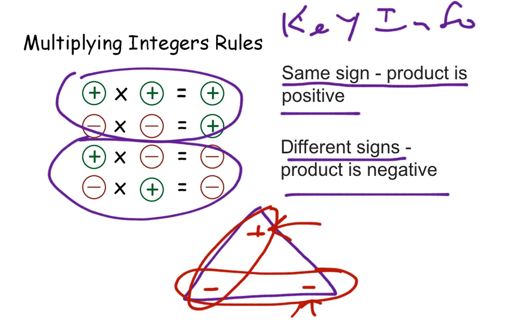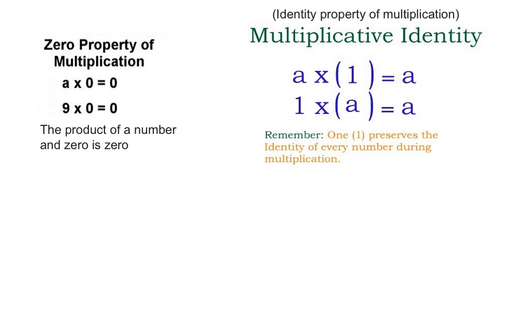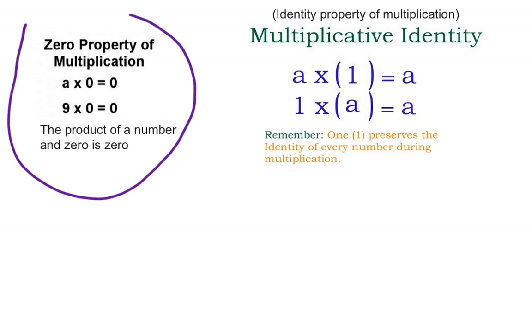Alrighty, next slide. In addition to writing the rule for your key information, I also want you to write down some properties. So here we have 2 out of the 3 properties that I want you to write down. Leave yourself some space for the third, which is on the next page. The first is the zero property of multiplication, also sometimes known as the multiplication property of 0.